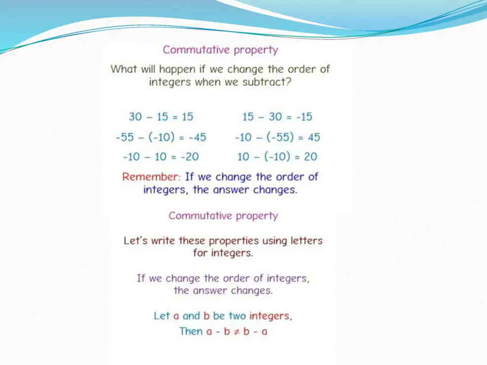So if we change the order of integers, the answer changes. So let a and b be any two integers, then a minus b is not equal to b minus a.